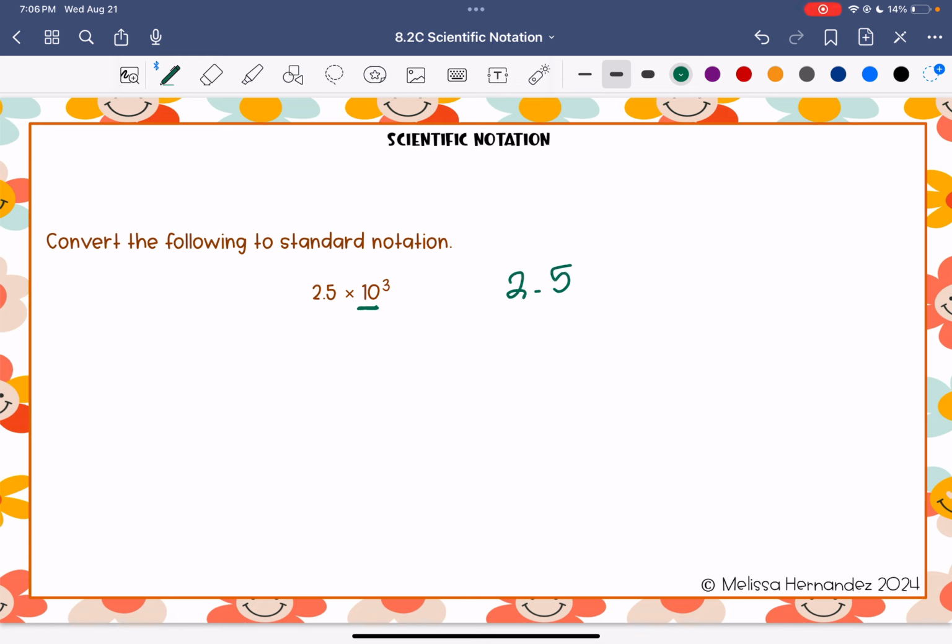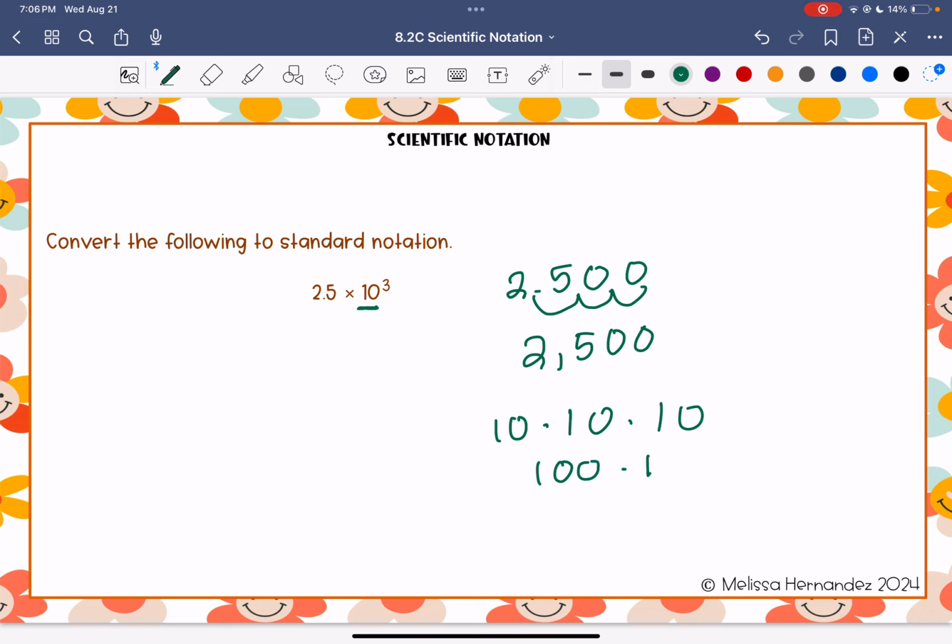Okay, so 2.5, and then we're going to go 1, 2, 3, and so it's 2,500. Now, if you want to check me, you can do the math. 10 times 10 is 100, and 100 times 10 is 1,000.